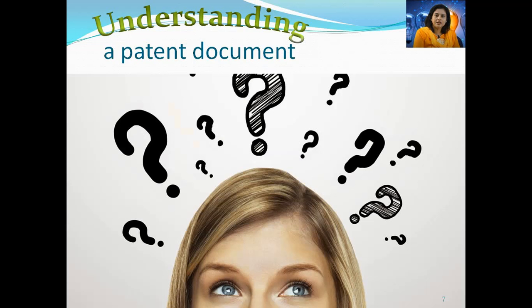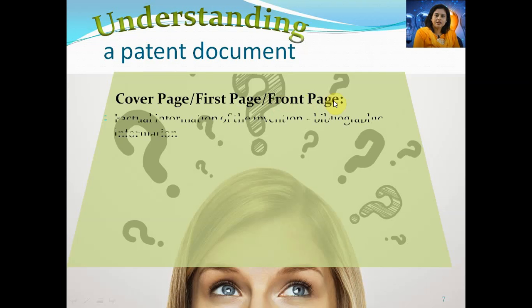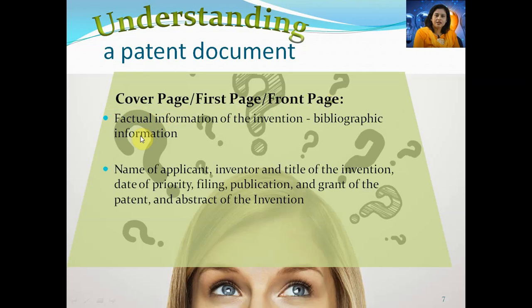Next we come to the patent document. Let us understand what is there in a patent document. First comes the cover page, or the first page or the front page. The cover page includes all the factual information of the invention, which is called bibliographic information of the patent.